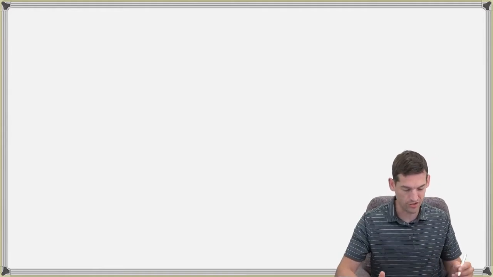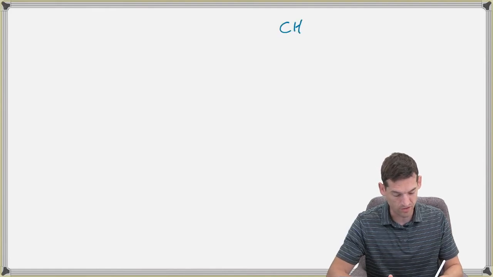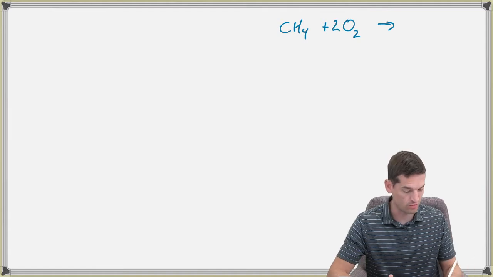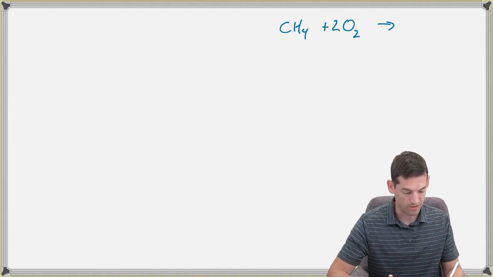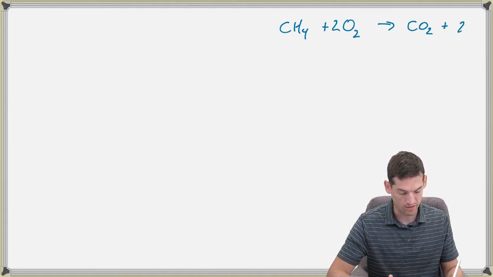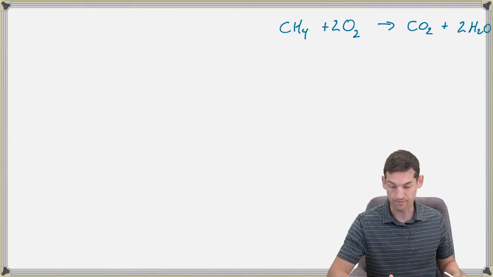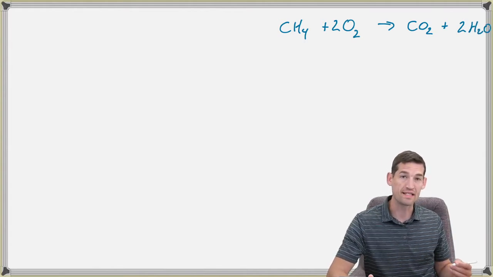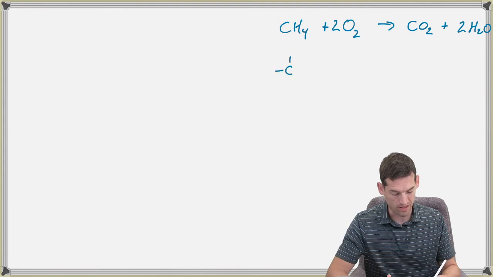Now, this is going to do some interesting things for our reaction. So first off, let's just look at the reaction we just talked about. We've got CH4 reacting with oxygen. Let's balance 2 oxygen to make CO2 and 2 H2O. So if we draw these out, remember that methane is a carbon with 4 hydrogens.